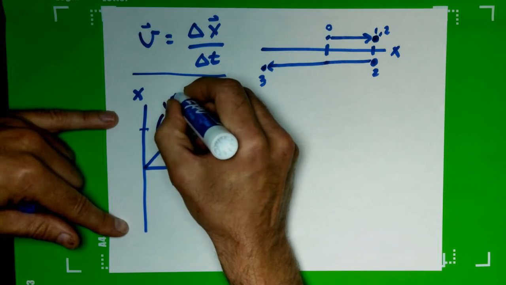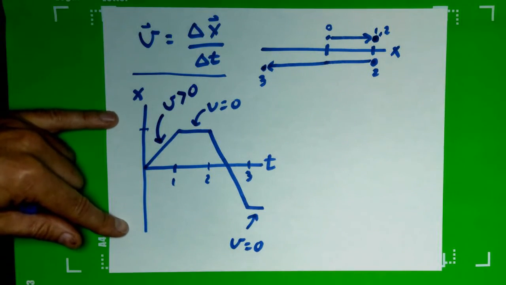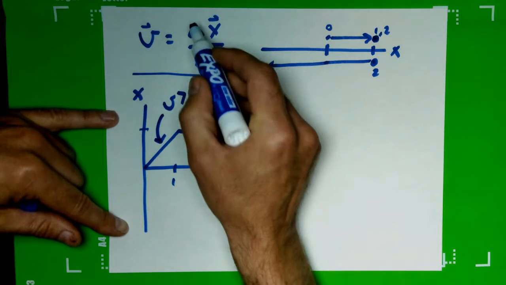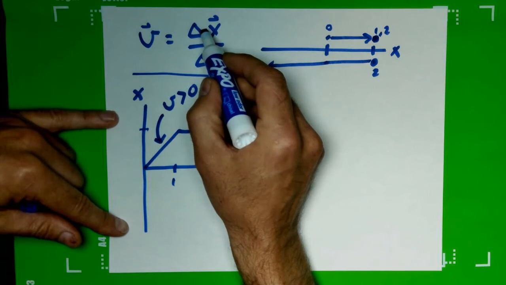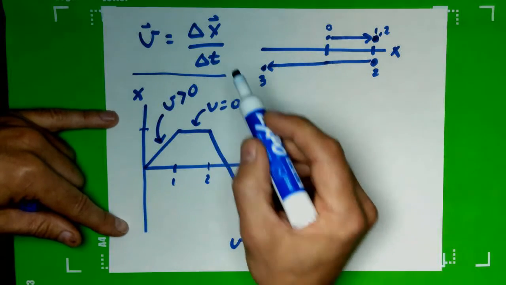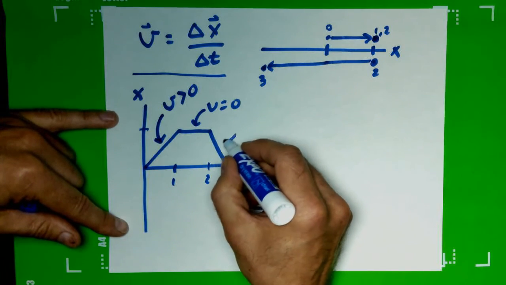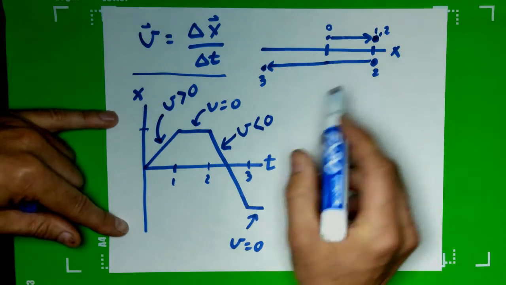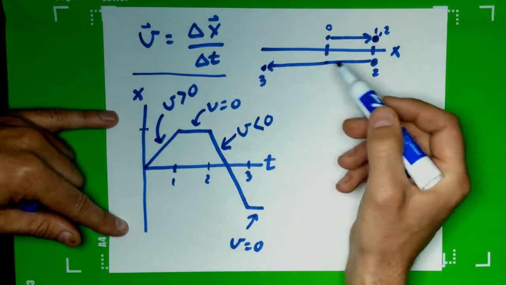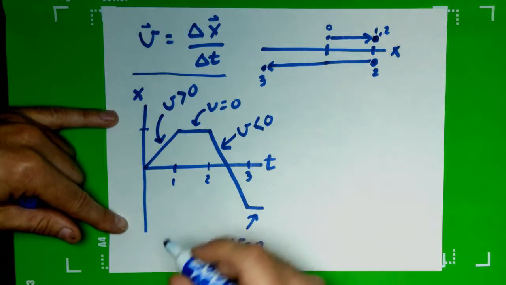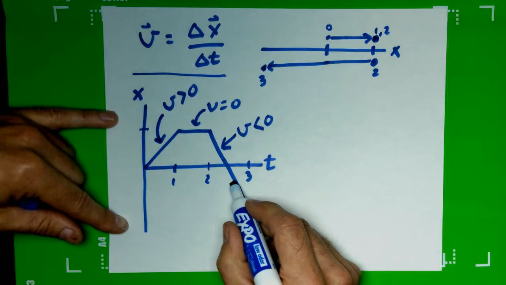And so we get a positive velocity here. Now over here, from this point to this point, I am going back towards 0, so my change in position is negative. I'm going towards 0, and time's ticking on. And so for here, my velocity is less than 0. It's negative, and that makes sense because we saw it's moving in the negative direction, so a negative velocity ought to indicate that negative direction. Now, what about here?